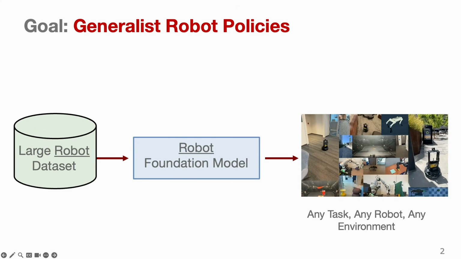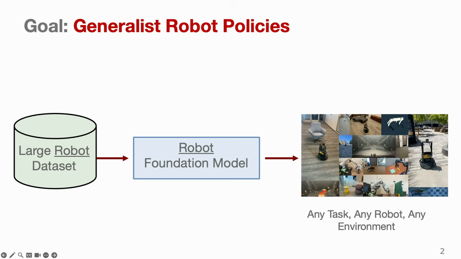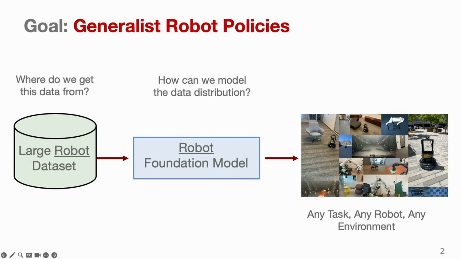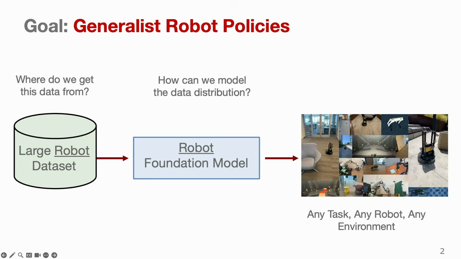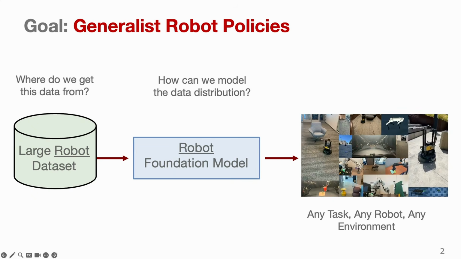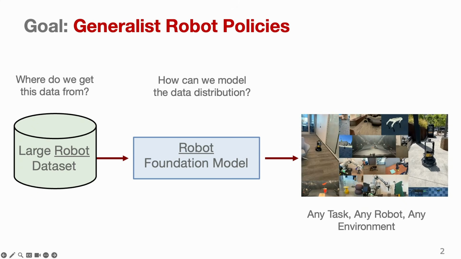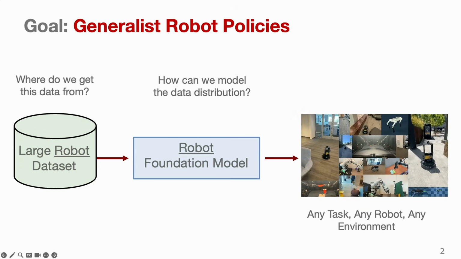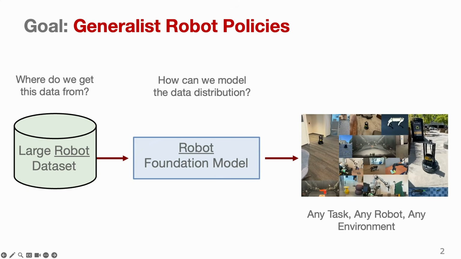And it comes with many questions, such as where do we get the data from to train these models, how can we model very large-scale, very heterogeneous data distributions, and how can we generalize these policies to unstructured environments in the real world, and so forth?